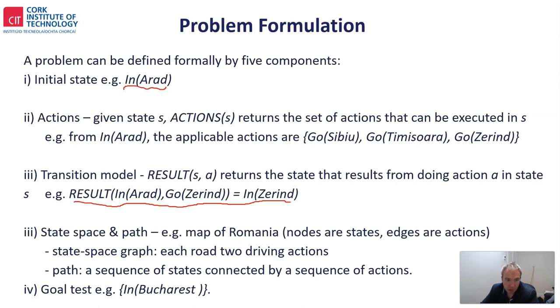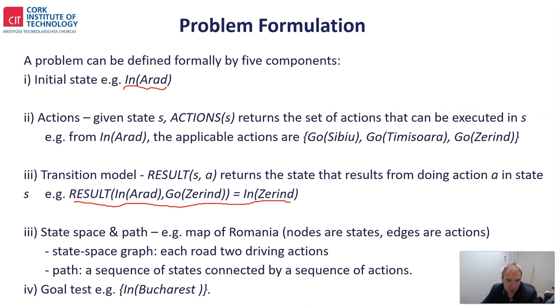State space and path. For example, the map of Romania has nodes or states and edges or actions. Each of the cities themselves are our nodes or states. The roads adjoining or connecting the cities are our edges, and they denote our actions because they denote us going between one city and another.